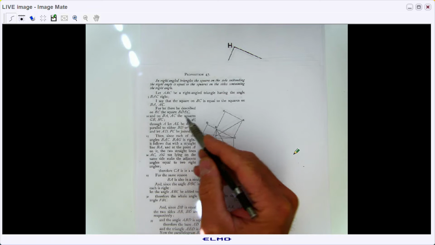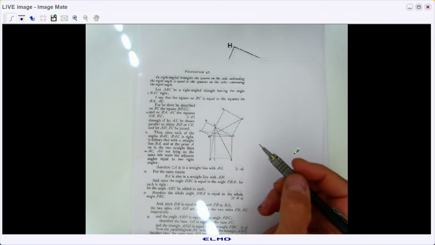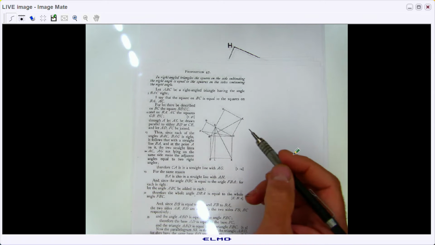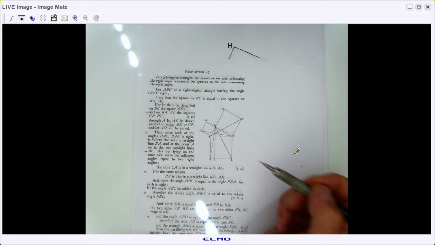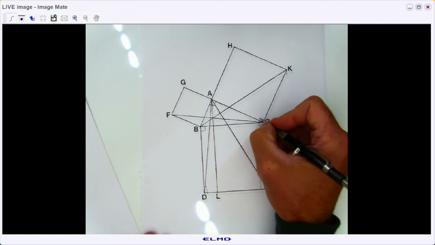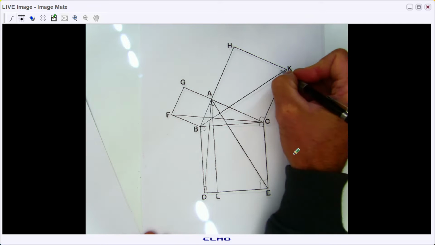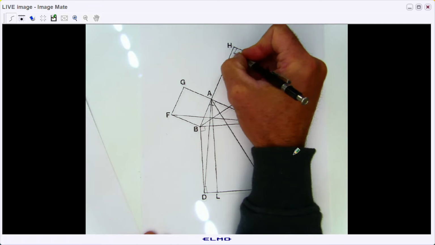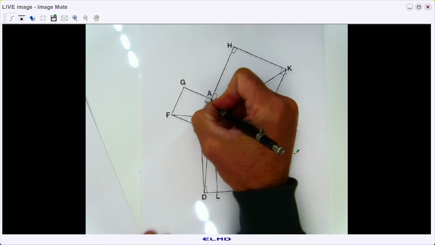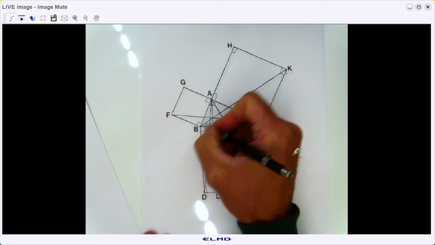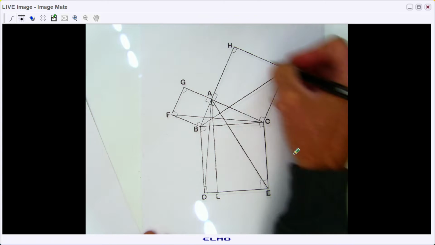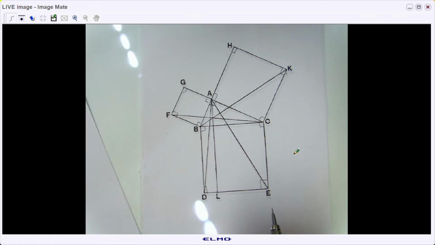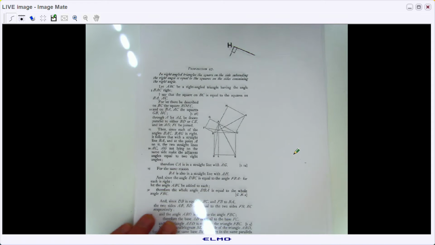And on BA and AC, the squares GB and HC. This is kind of interesting, he calls the square by its diagonal. But I think we can just assume that these are also squares, so we have right angles everywhere here, and these distances are all the same, and these distances are all the same. Okay, I guess we have a start.